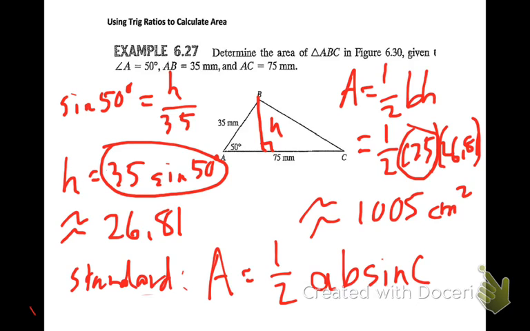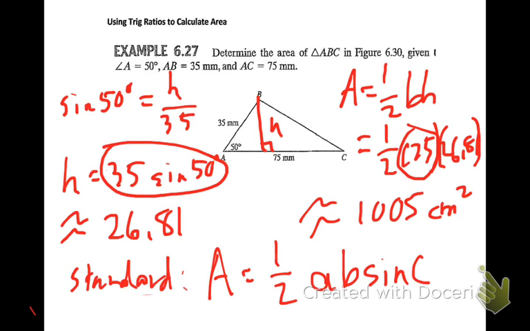This is called the side angle side area theorem, right? So if you don't remember the formula, you can break it down like we did, solve for h, then plug in, or you could just take this.